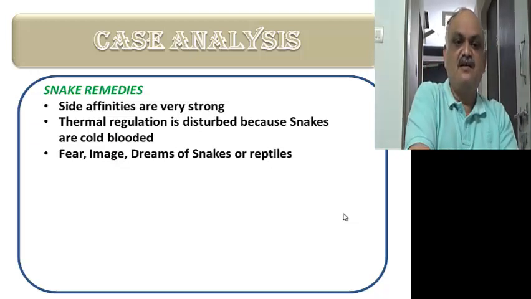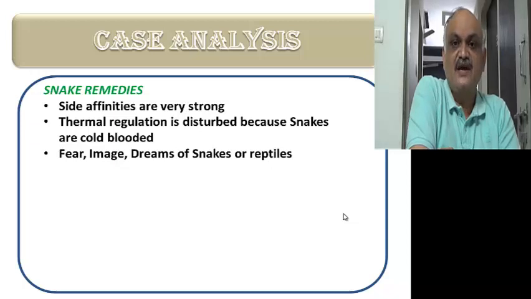Second thing, a snake is a reptile, and all reptiles are cold-blooded animals. That means they do not have thermal regulation in their physiology. So they have to regulate their body temperature externally.